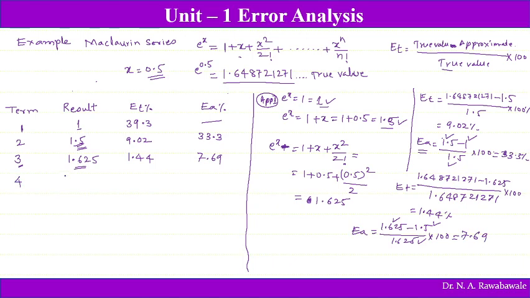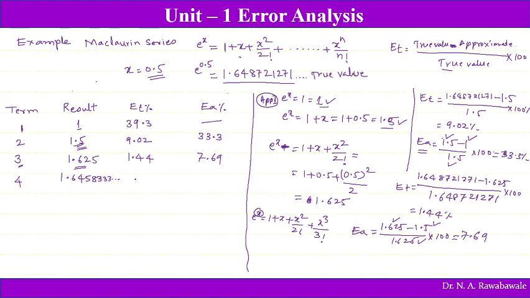So now we consider four terms. At that time e to the power of x is equal to 1 plus x plus x square divided by 2 factorial plus x to the power of 3 divided by 3 factorial. By substituting x is equal to 0.5 we get 1.6458333 and so on.